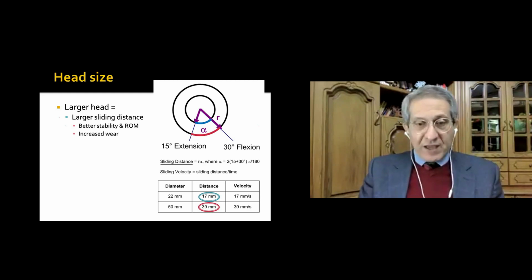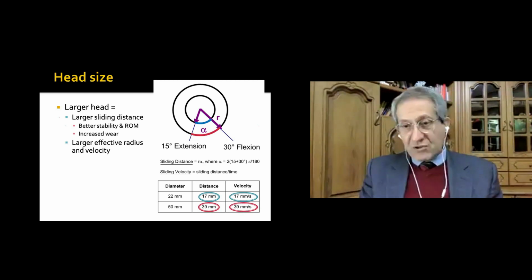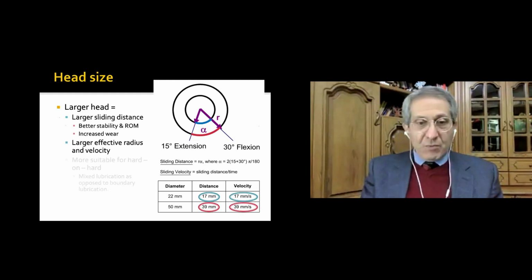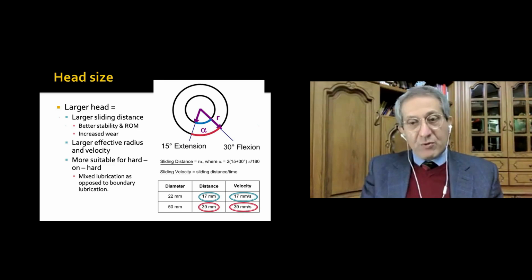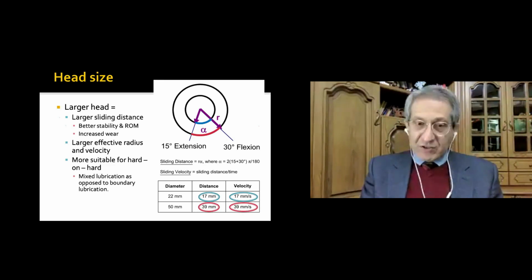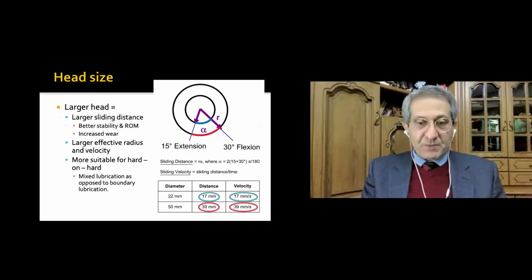On the other hand, because of the larger effective radius and high velocity, the larger femoral heads are more suitable for hard-on-hard articulations where mixed and fluid film lubrication occurs. This advantage is not experienced by the hard-on-soft articulations, which can only be lubricated by boundary lubrication.